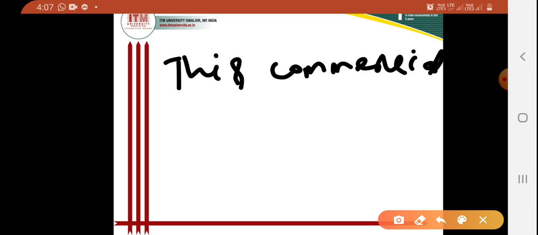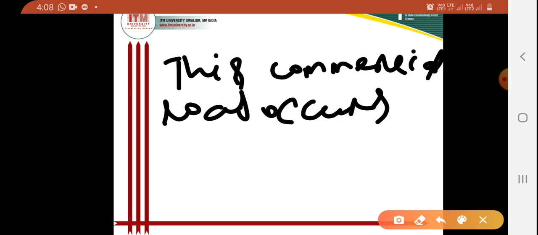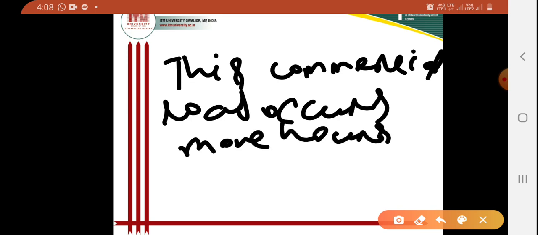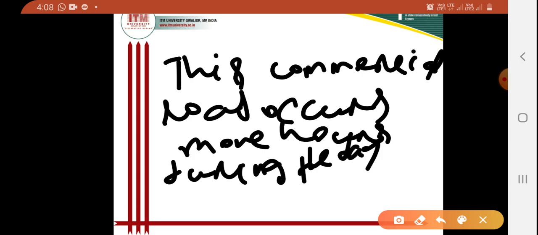The commercial load occurs for more hours during the day as compared to the domestic load.